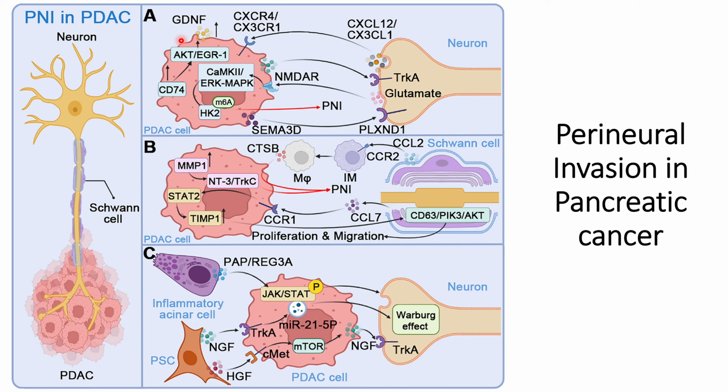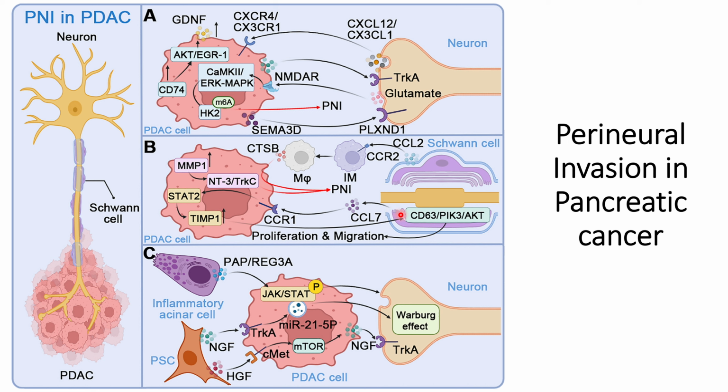After understanding the factors that promote tumor invasion, we will go through the SIS1 cells, and how they help the pancreatic cells towards PNI, that is perineural invasion.